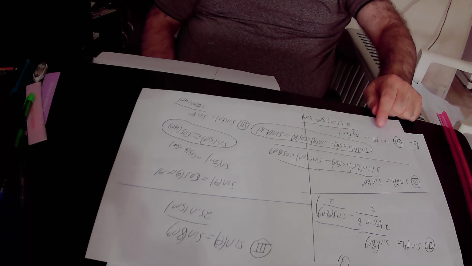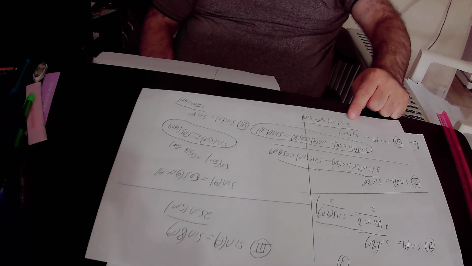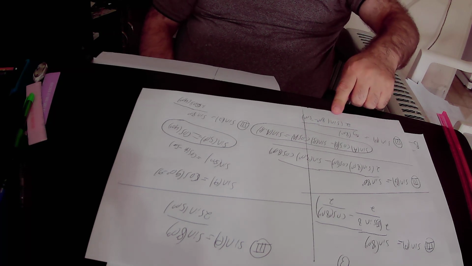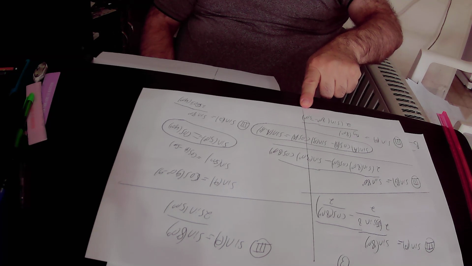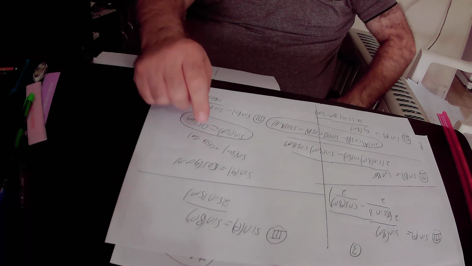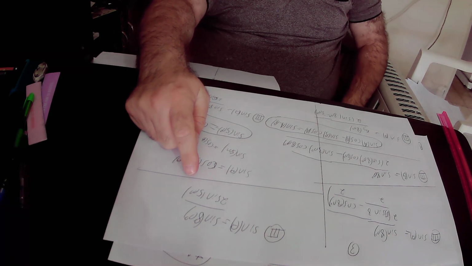So we did it, and we got that sine theta equals sine 80 degrees over 2 times sine of 80 degrees minus 30 degrees, and 80 degrees minus 30 degrees is 50 degrees.